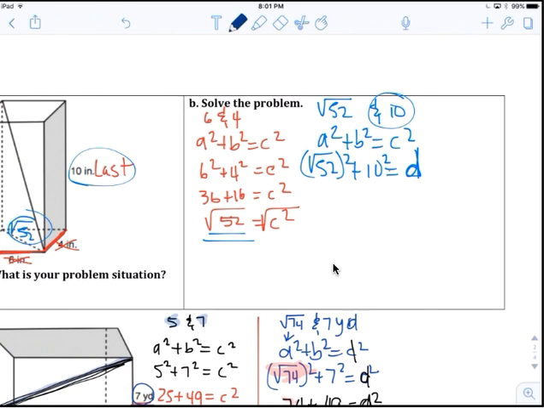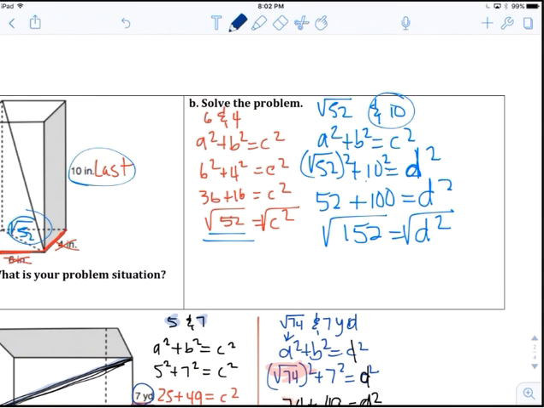Square root of 52 squared plus 10 squared equals c squared, or the diagonal. We want the diagonal squared. The square root of 52 squared is 52, plus 10 squared is 100, equals d squared, the three-dimensional diagonal. 152 equals d squared. Take the square root. Now we need a calculator.